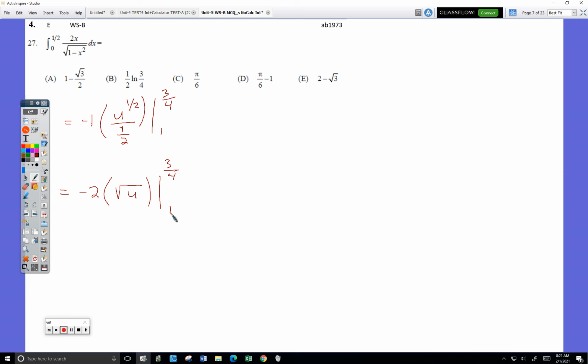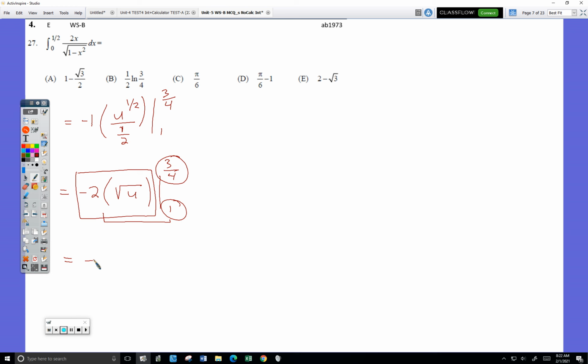Oh, was that just it? Was that the final answer? No, because we still can do some calculus. They want you to plug those values in. So we say, this is my formula for f now. And for the fundamental theorem, I'm supposed to plug in this value and then this value and subtract.